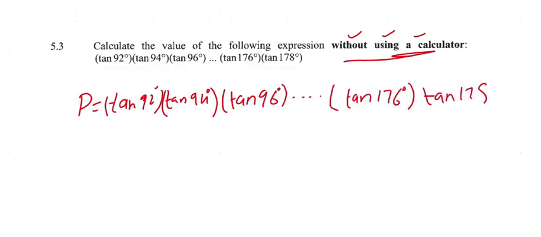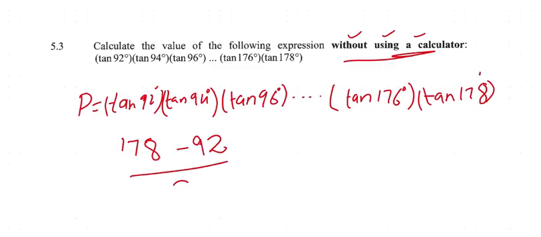So the product contains (178 minus 92) by 2 plus 1 equals 44, which means we have 44 terms.